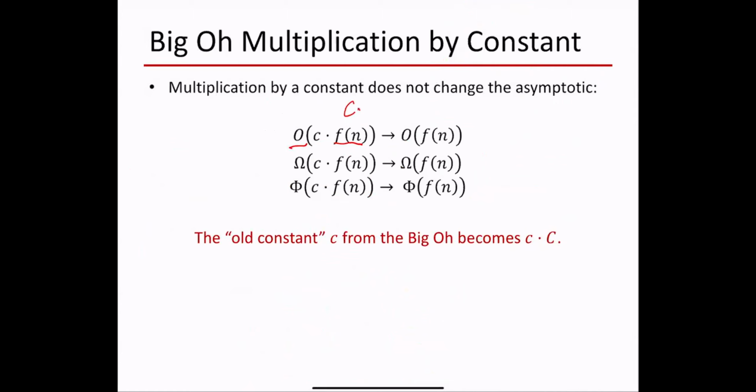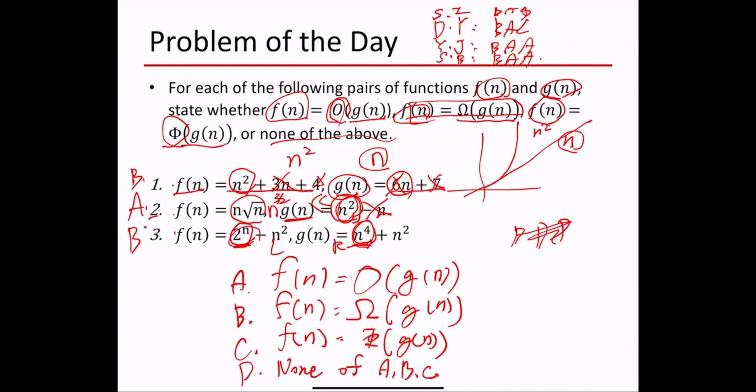If you multiply c by another constant, it's still a constant, so we can say it's still big O of f of n. Therefore, we don't really care about the constant. And more importantly, when we solve this, we don't care about the lower terms. We only care about the dominant one.